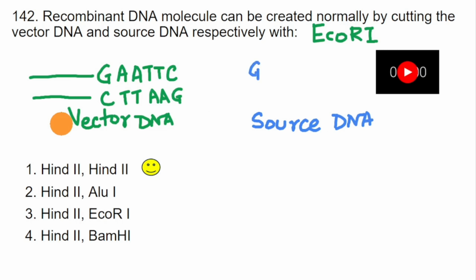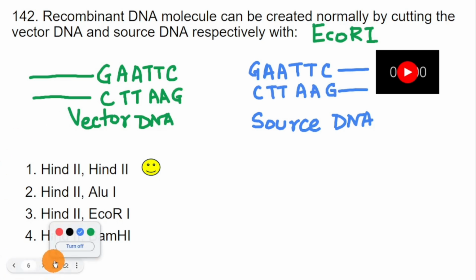So it will also have GAATTC. The complementary strand will have CTTAAG. Now in red color, I'm going to show you the site at which EcoRI will attack and break the bond.